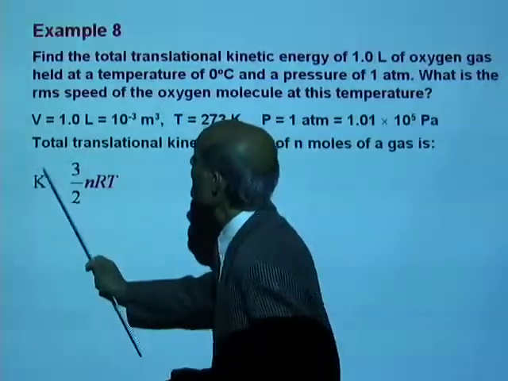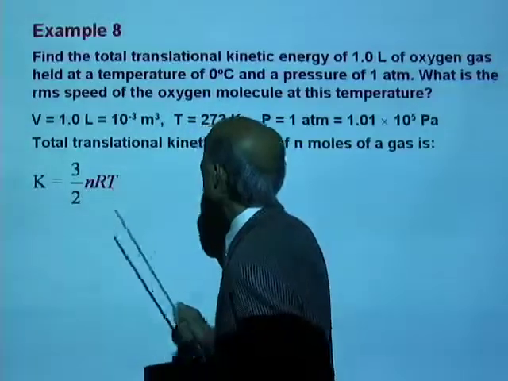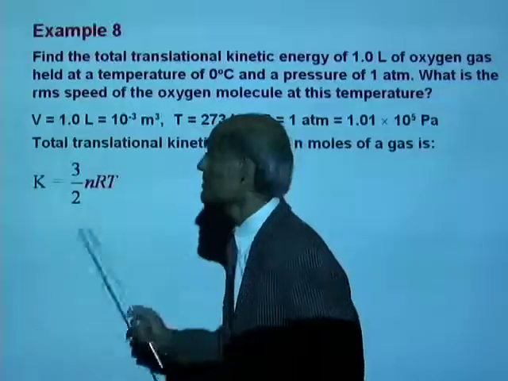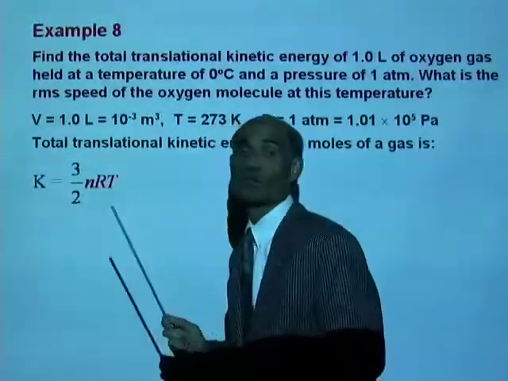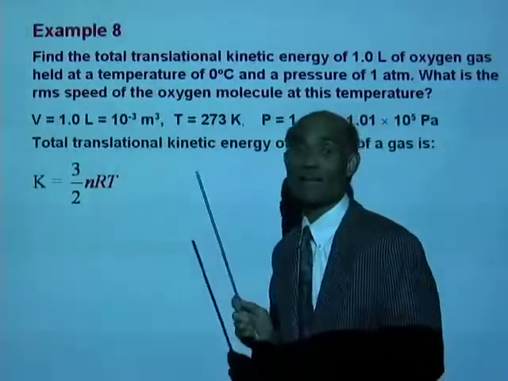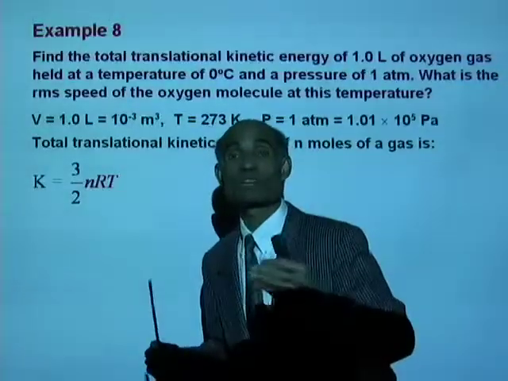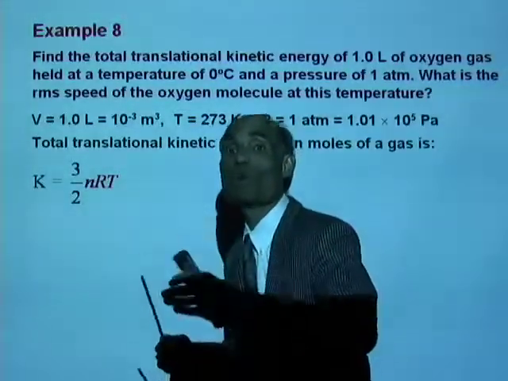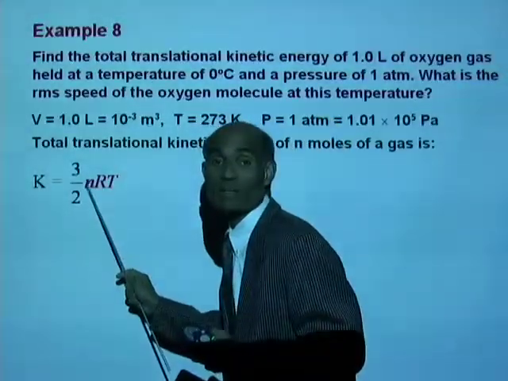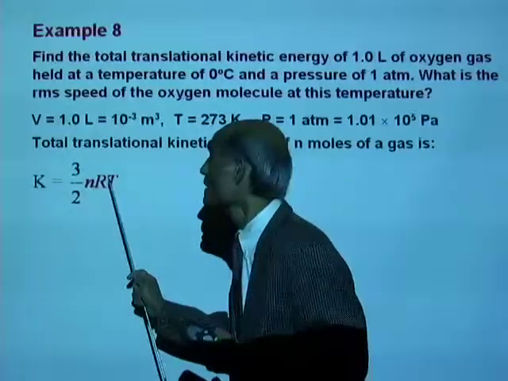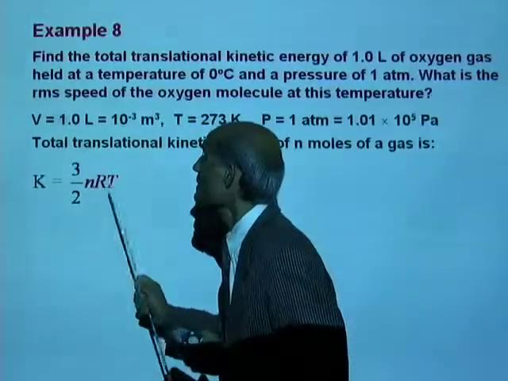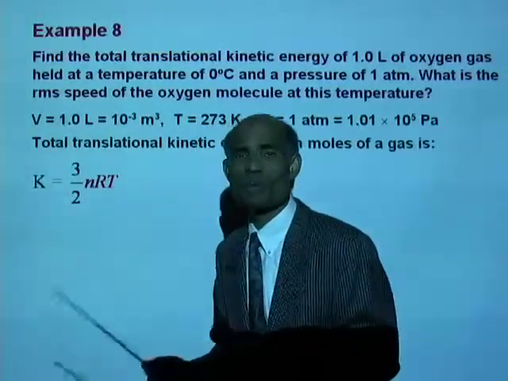Well, we need to find the value of this. Is there any way we can do this? Do we know n, the number of moles? Well, of course we know R. When volume is measured in meter cube and the pressure in Pascal, the value of R is 8.314 joules per mole per Kelvin. Well, because we don't know n, we are going to take another route. What is the universal gas law?